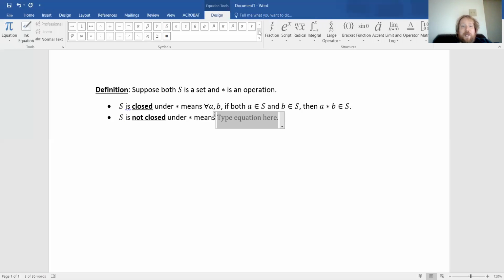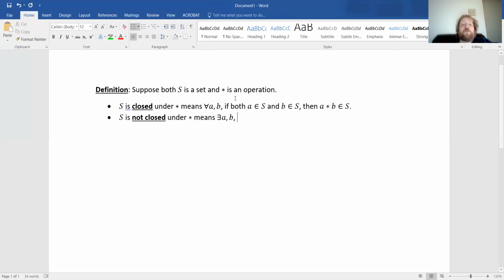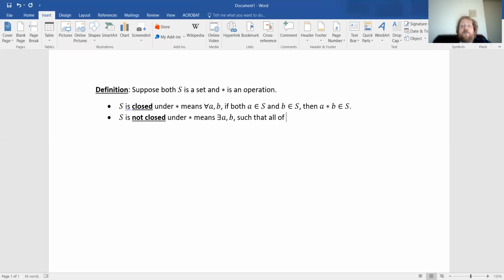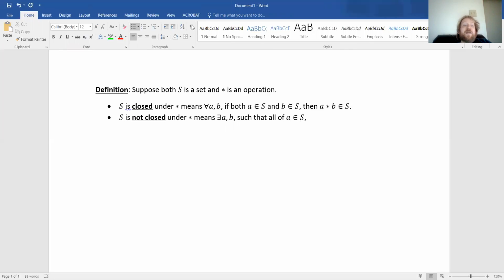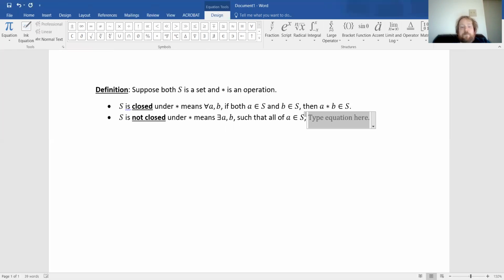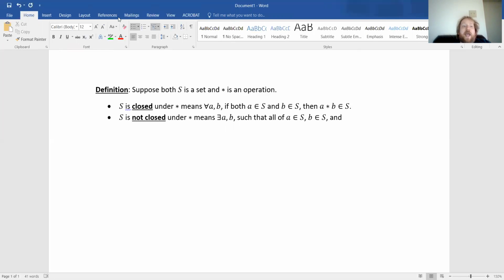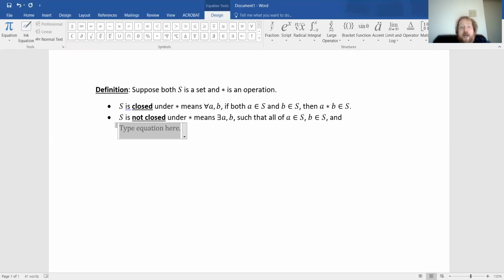So this is going to begin with there exists elements A, B. Now we have to negate the predicate, which is an if-then statement. So there exists elements A and B such that all of the if part and not the then part. So A is in S, B is in S, and A star B is not in S.